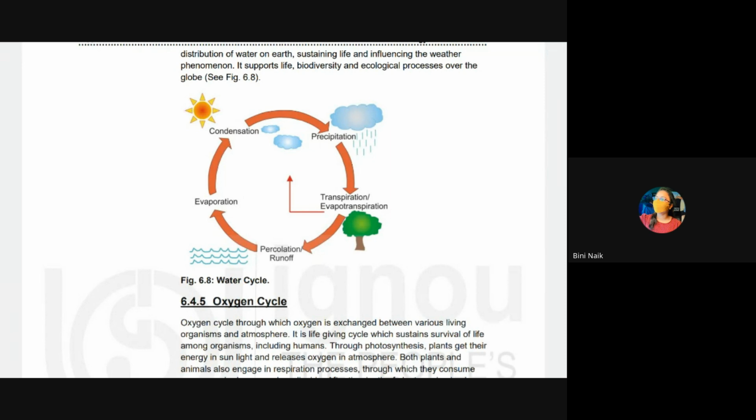Evaporation from the plant leaves, or from the plant, is termed evapotranspiration. After precipitation, through the rain, that water or moisture goes back to its sources. So this is a cyclic process that is driven by the sun.